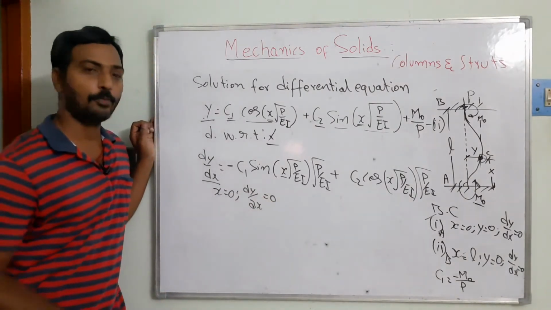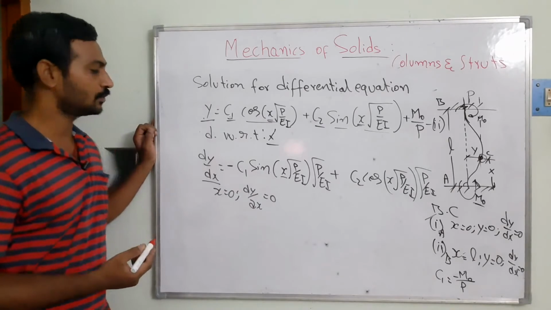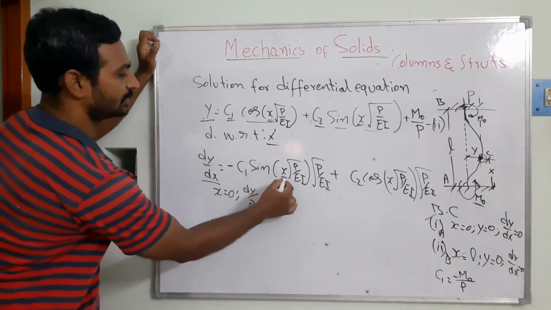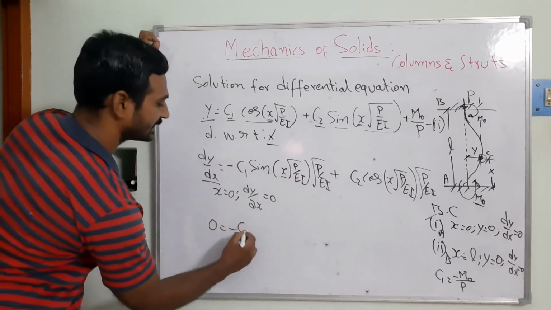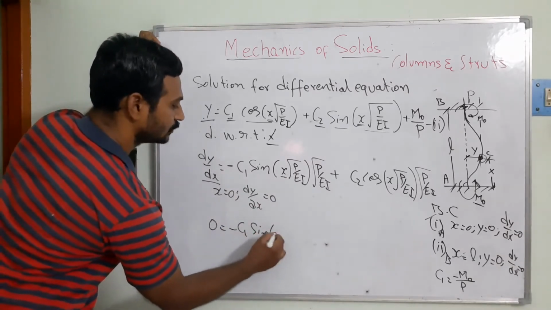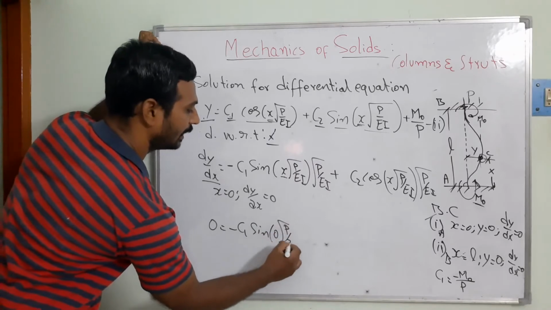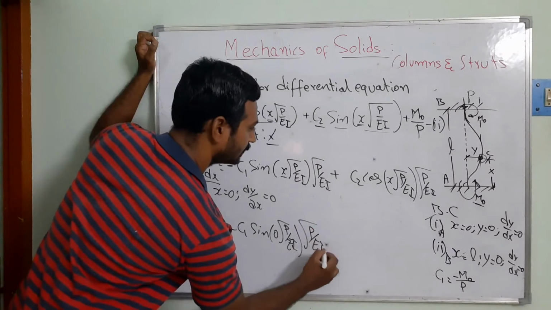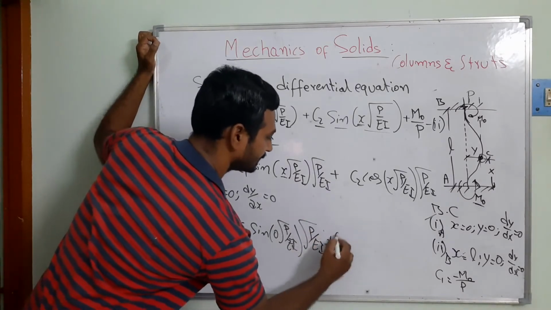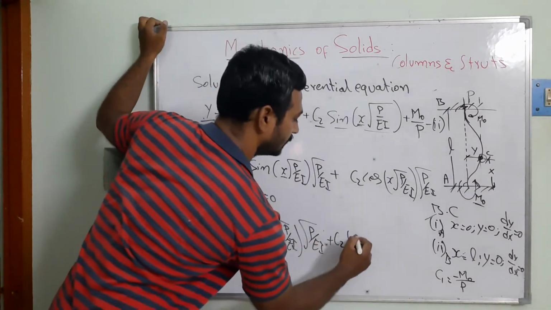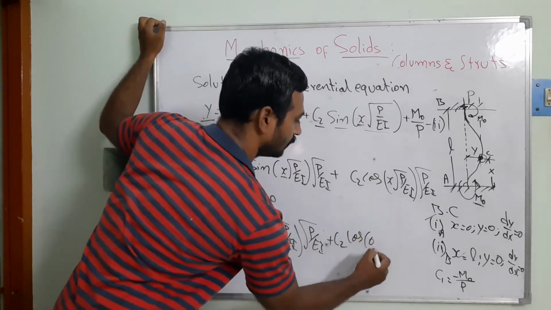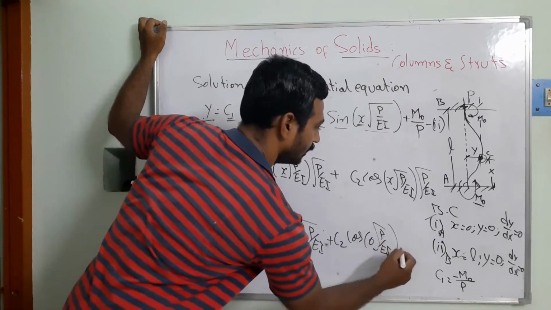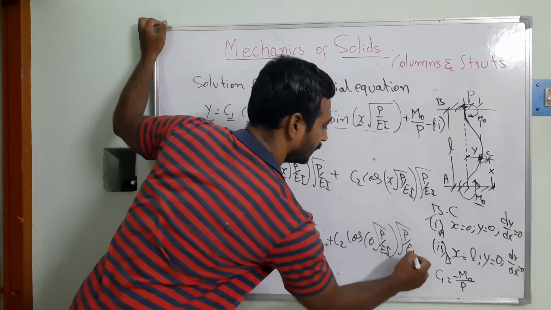So when I substitute in this equation, what I am going to get: this is going to be minus c1 sin 0 times the square root of P by EI, plus c2 cos 0 times the square root of P by EI into the square root of P by EI, we got it.